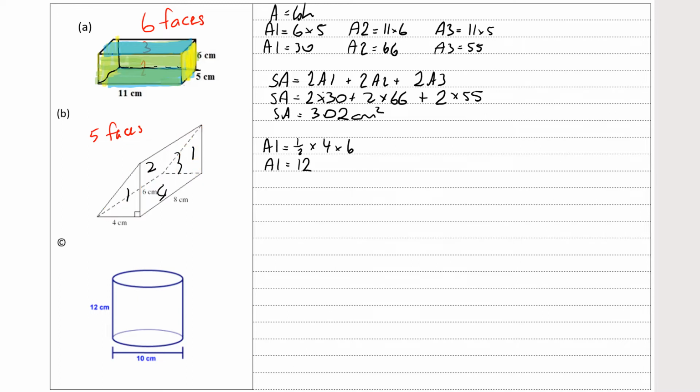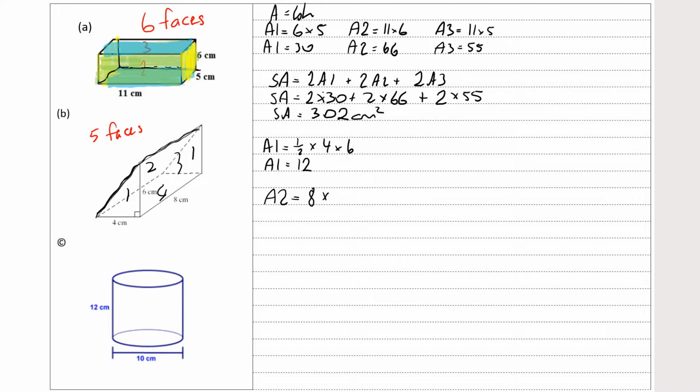So the base is this length along here, which we know is 8. And the height is this diagonal length here, which we don't actually know. We haven't been given that length. However, we can find it, can't we?